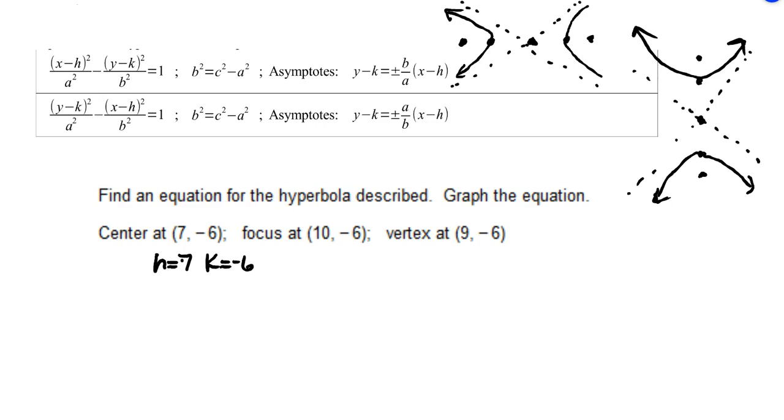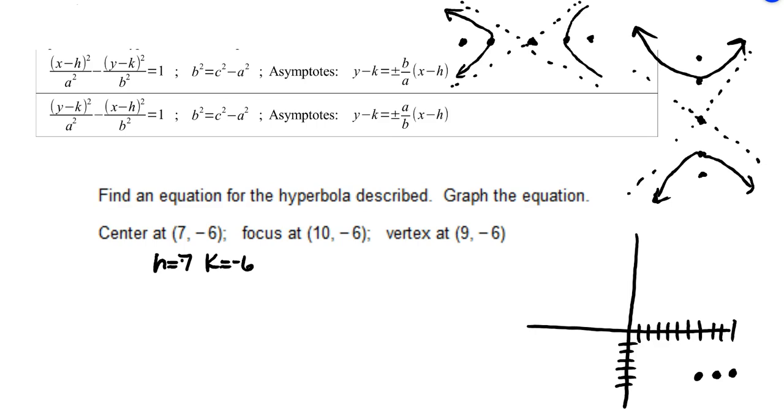So if I start to sketch this, and I'll do a better sketch in a moment, (7, -6) would be the center, and then at (10, -6) we have a focus, and at (9, -6) we have a vertex.